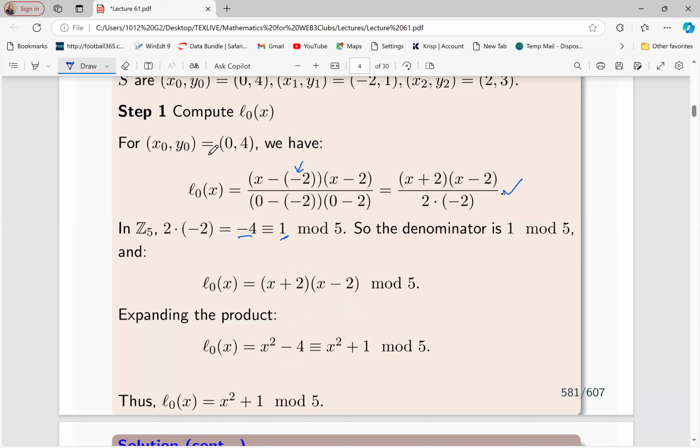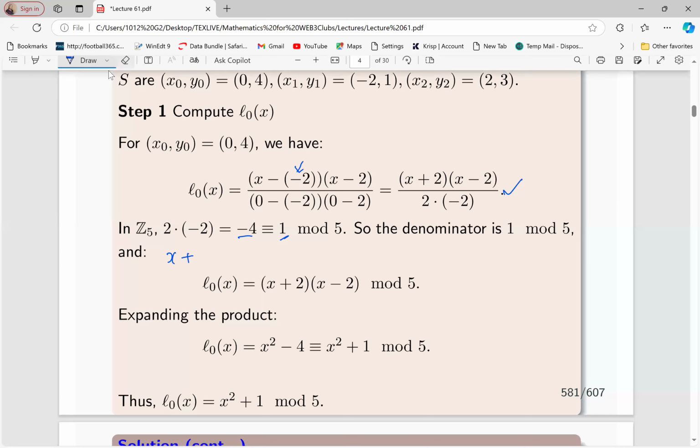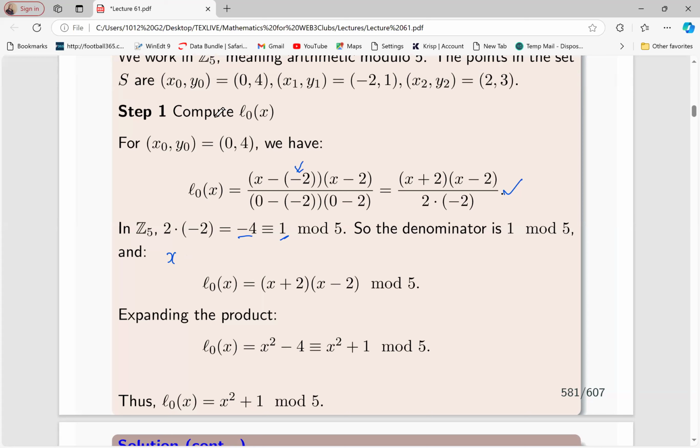So when you do that, you would have x minus 3, because negative 2 is congruent to positive 3. Then this is x minus 2. So at the bottom here, we would have 0 minus 3, and then 0 minus 2.